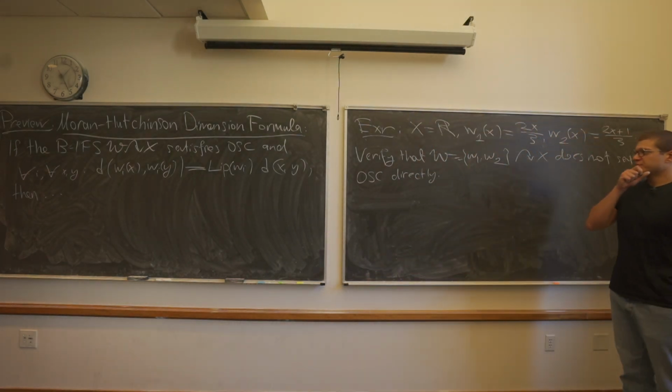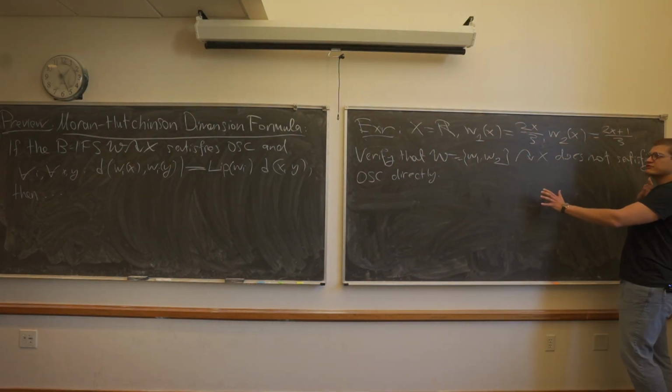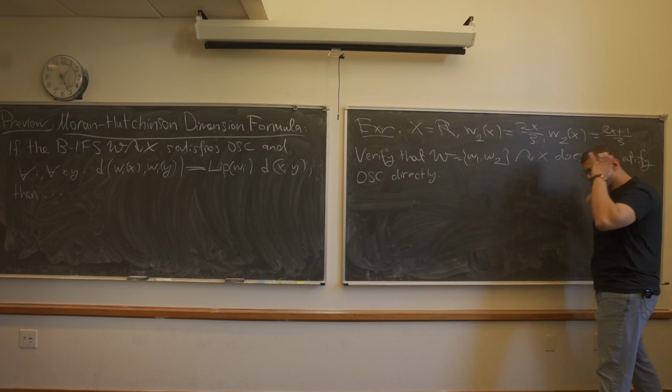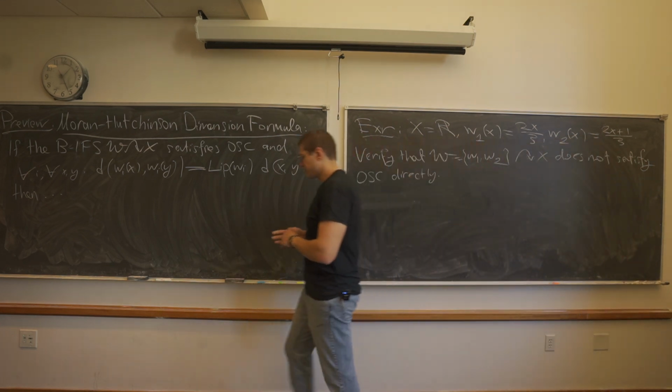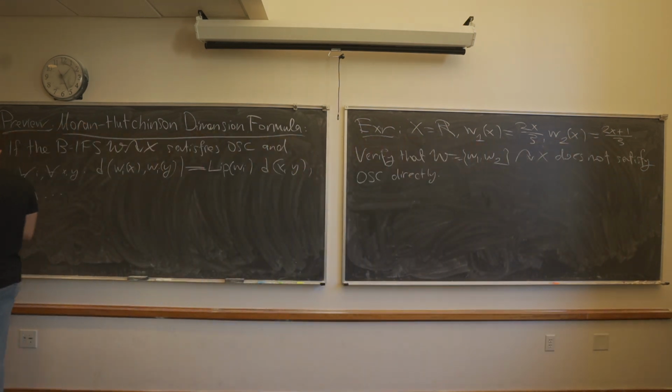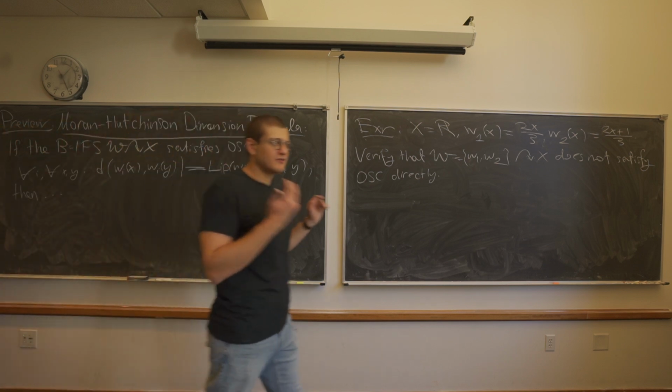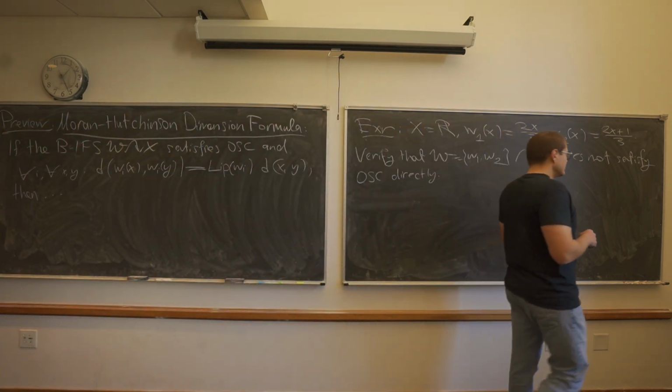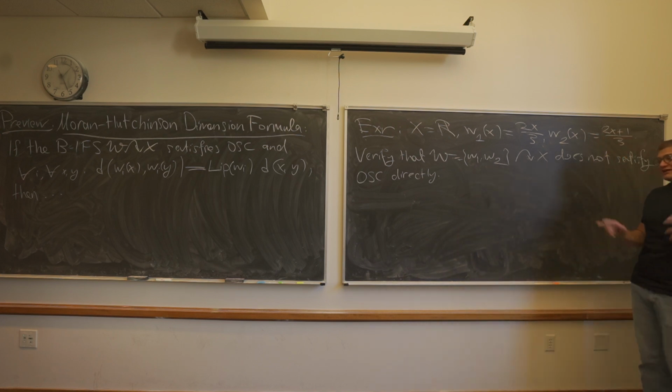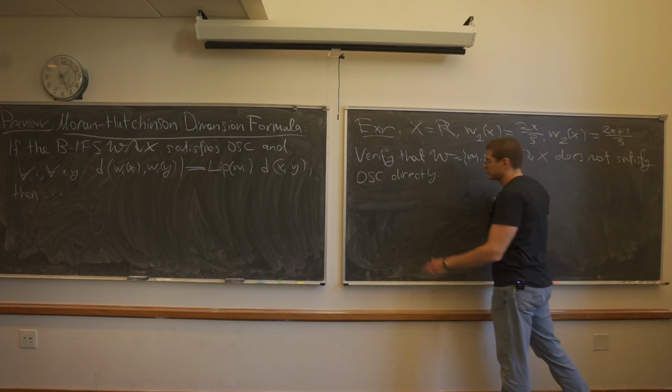Okay, welcome back. So this open set condition is somewhat terse to work with. When a B-IFS does satisfy it, it's relatively easy to verify that it does. When it doesn't, it's not that straightforward. So here's an example, and I think it's very instructive to try to do this.